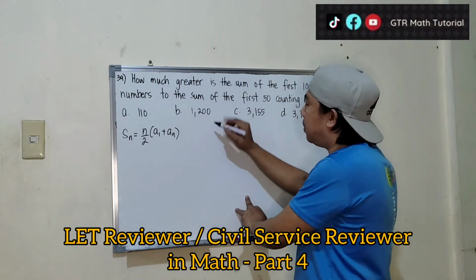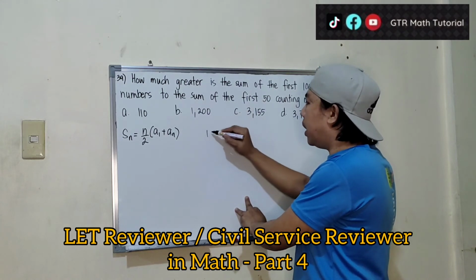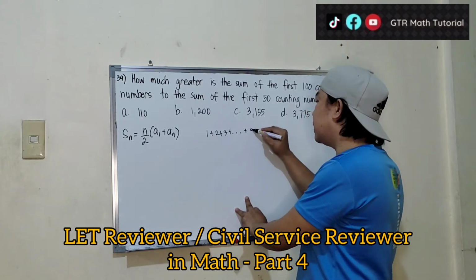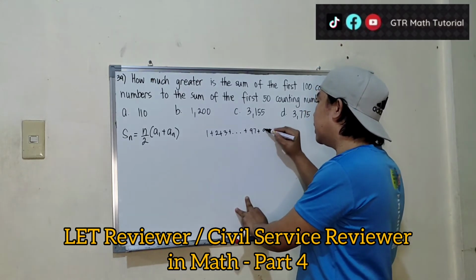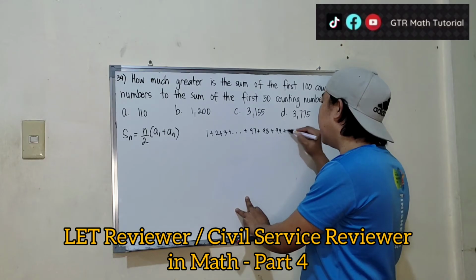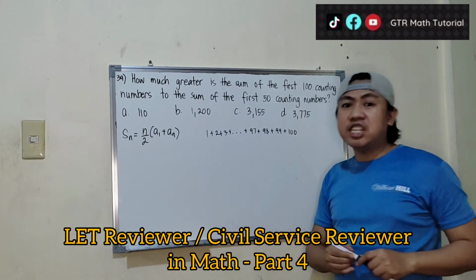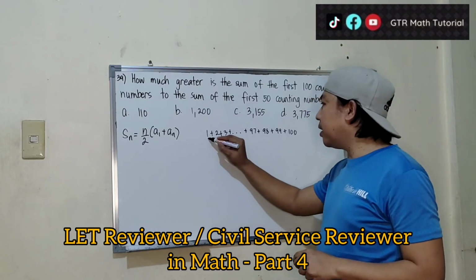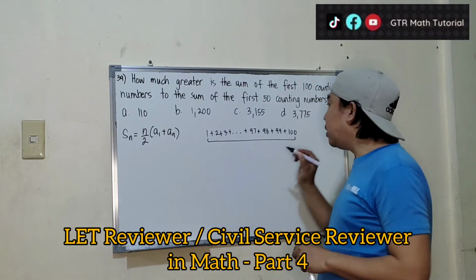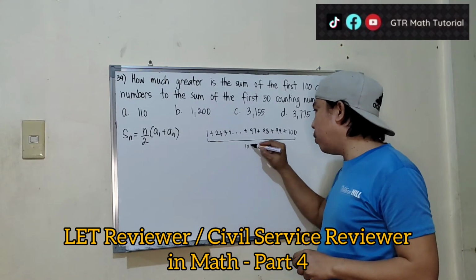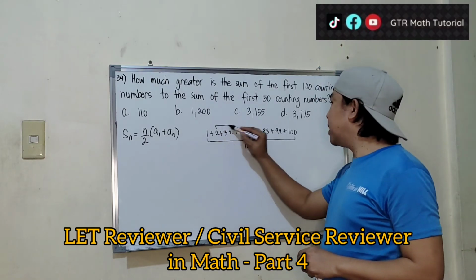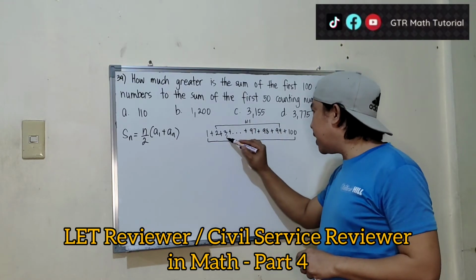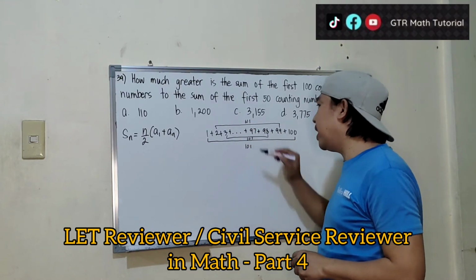Kung nakalimutan nyo naman tong formula na to, pwede namang pag-partner-partnerin nyo lang yan. Kasi di ba meron tayong 1 plus 2 plus 3 plus ... plus 97 plus 98 plus 99 plus 100. Just in case na makalimutan nyo yung formula, pwedeng pag-partner-partnerin yan. 1 plus 100, that is 101. 2 plus 99, 101 pa rin yan. 3 plus 98, 101 pa rin yan.